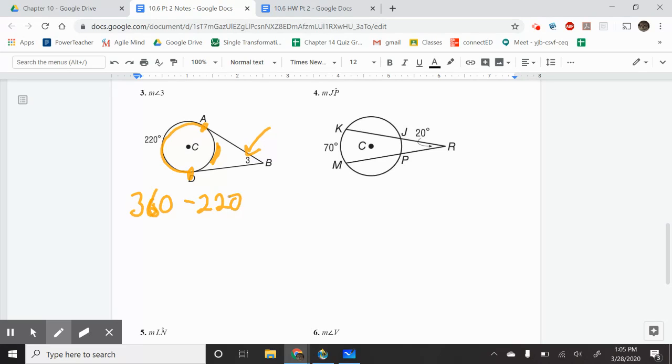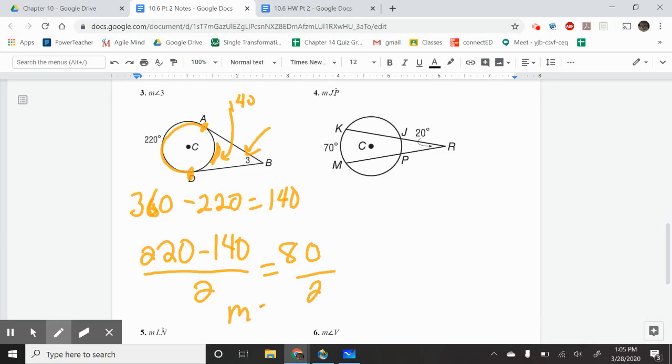So I'm going to do 360 minus 220, and that gives me 140. So I know that this right here is 140, which means that 220 minus 140 divided by 2 will give me the measure of angle 3. So measure of angle 3 equals 40 degrees.